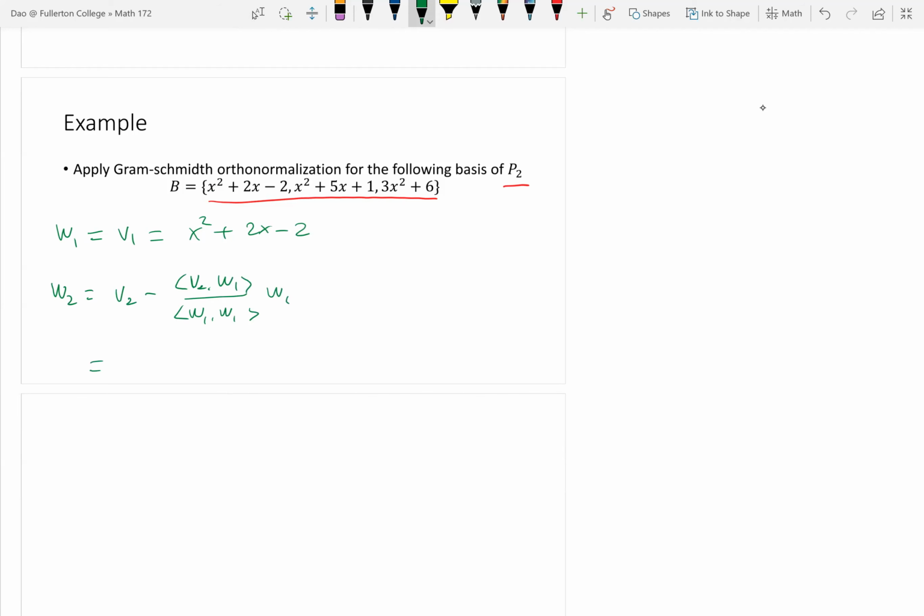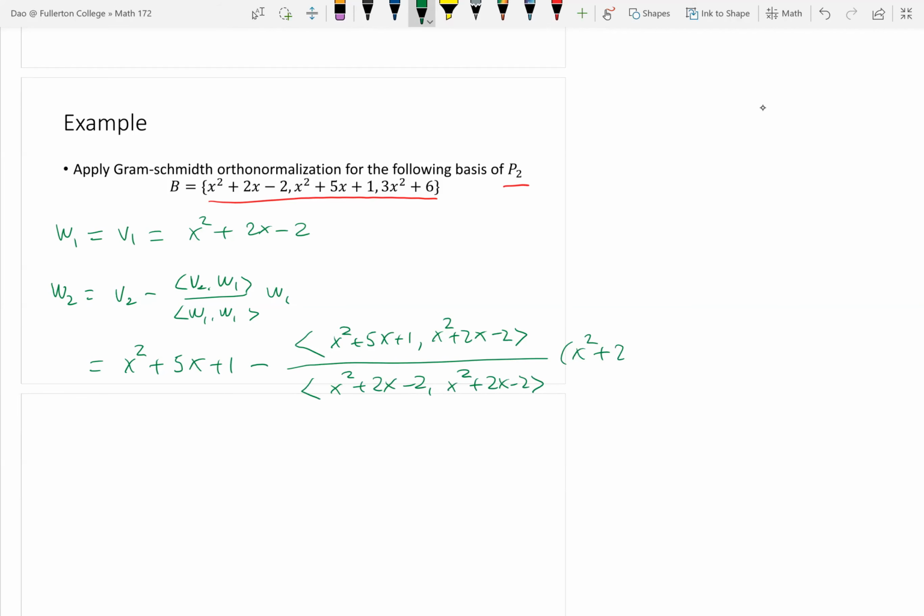So this equals x squared plus 5x plus 1 minus the inner product between x squared plus 5x plus 1, comma, x squared plus 2x minus 2, divided by the inner product between x squared plus 2x minus 2 and x squared plus 2x minus 2, times x squared plus 2x minus 2.